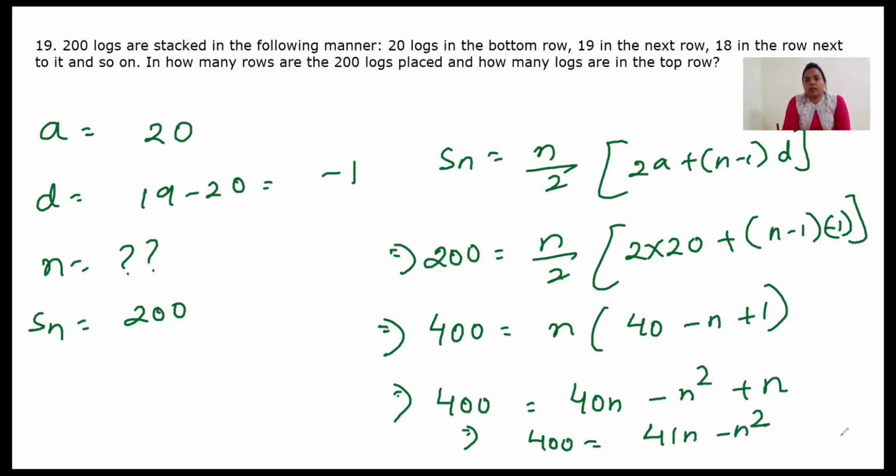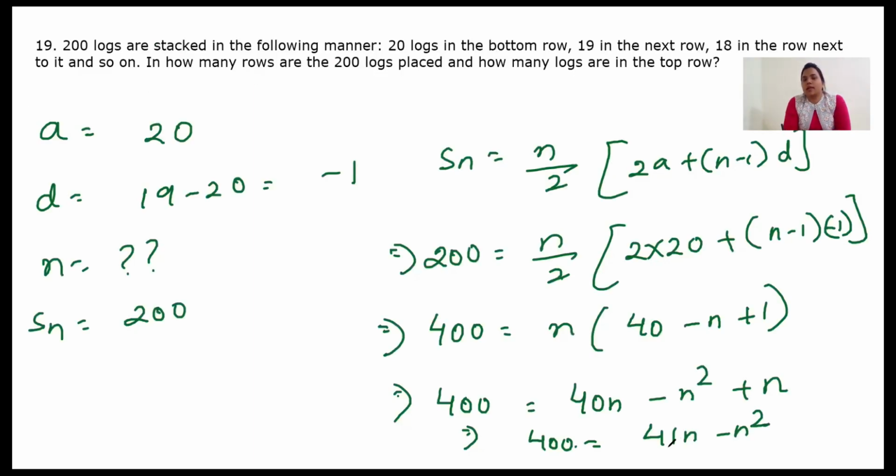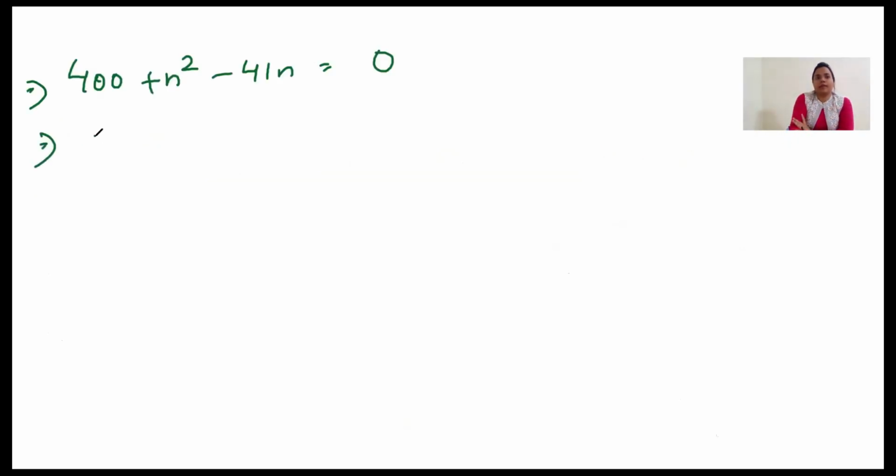I'll bring everything to the left hand side and it will become 400 plus n square minus 41n is equal to 0. I can rearrange this as n square minus 41n plus 400. Now I will have to factorize 400 to get 41.